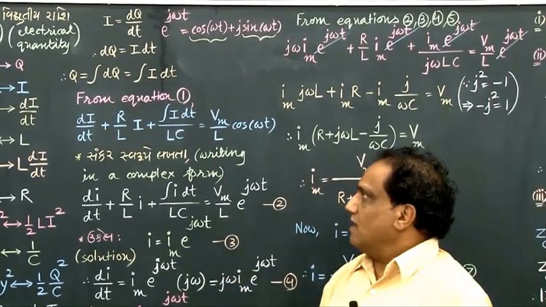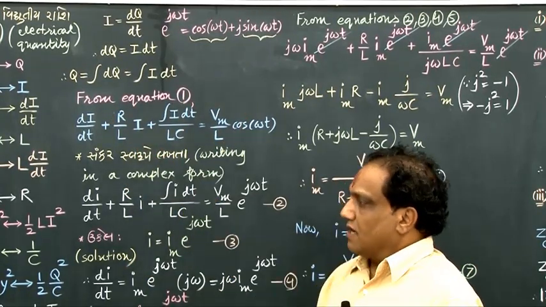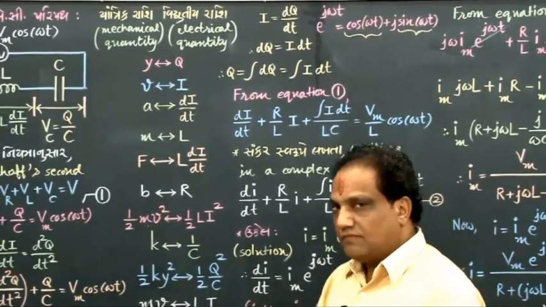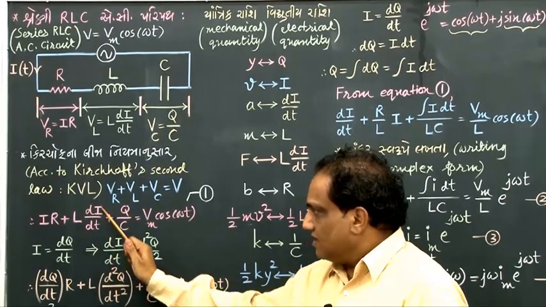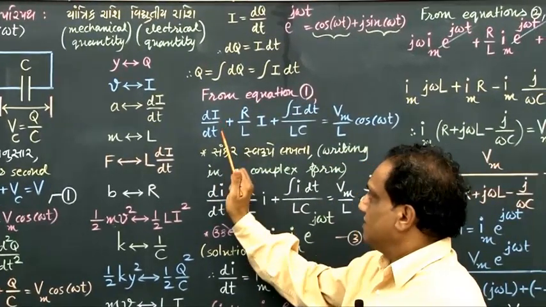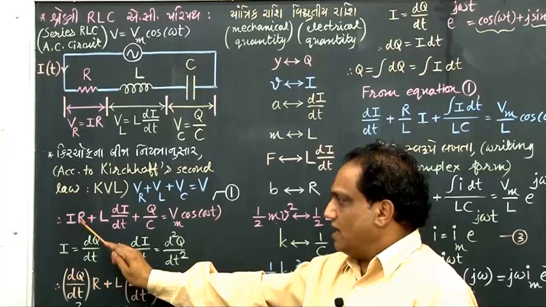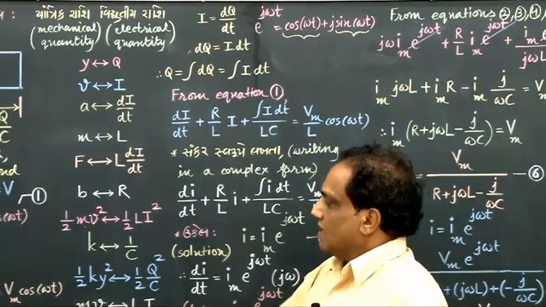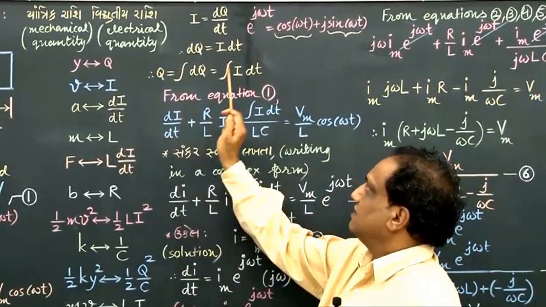Now start from equation 1. Divide each term by L. If you divide by L, you will get di by dt. Divide by L here, then you will get R upon L into I. In place of q, what will you dictate?